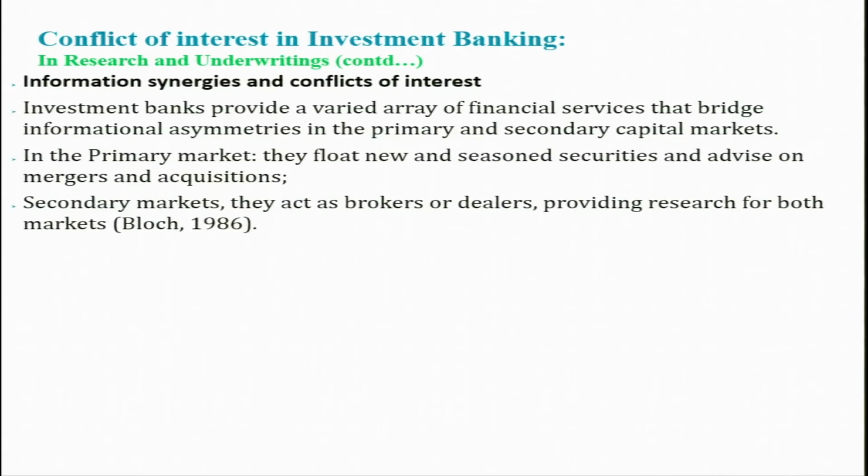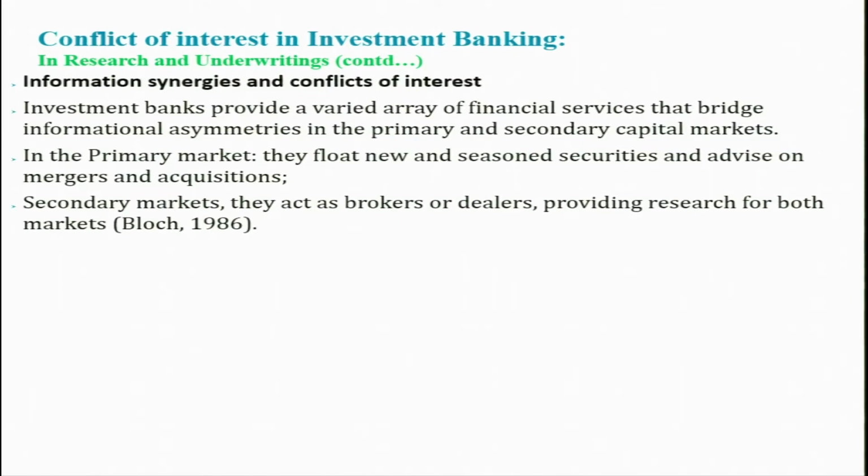So, how do the information synergies and conflict of interest arise? Particularly coming to the information synergies, investment banks provide a varied array of financial services that bridge information asymmetries in the primary and secondary capital markets. In the primary market, they float new and seasoned securities and advise on mergers and acquisitions.